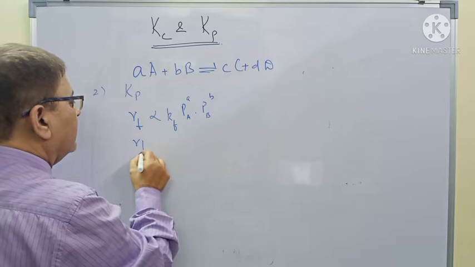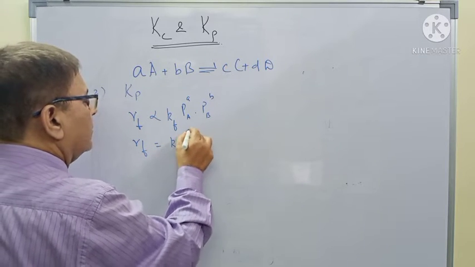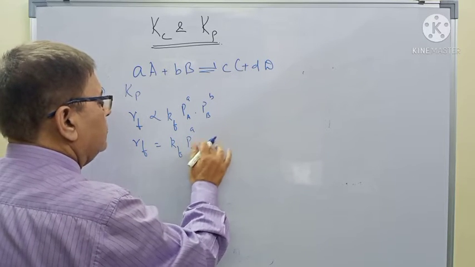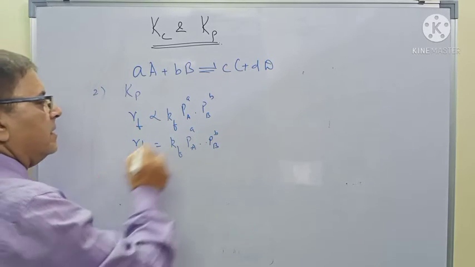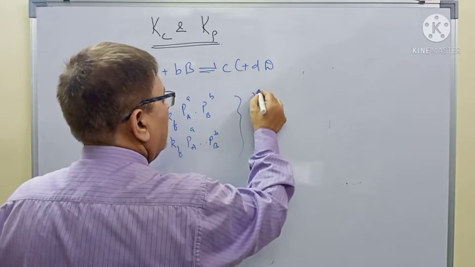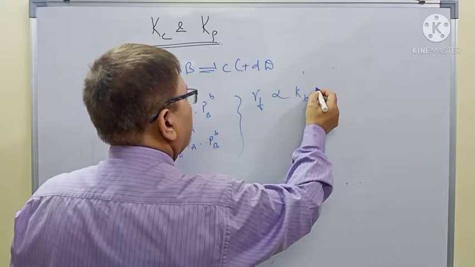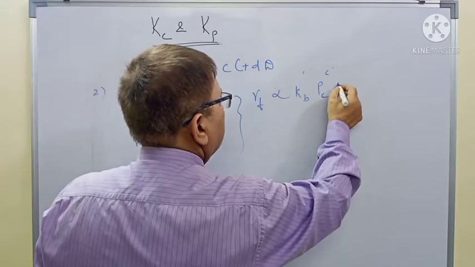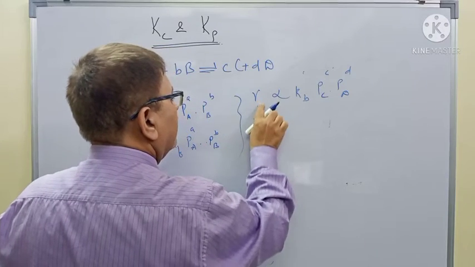So Rf is equal to Kf into the partial pressure of A raised to a, the partial pressure of B raised to b. Same way, if we apply the law of mass action to the backward reaction, we get Rb is directly proportional to Kb into the partial pressure of C raised to c into the partial pressure of D raised to d.